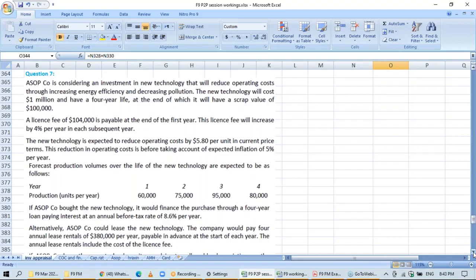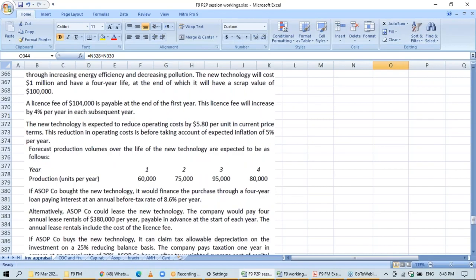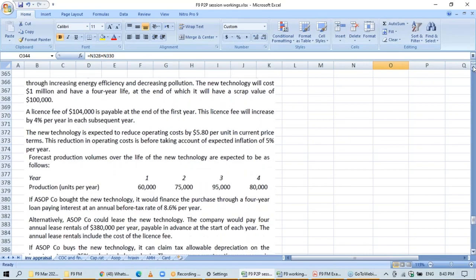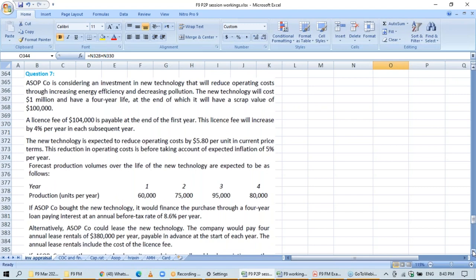So we'll be comparing the cash flows associated with the lease and the cash flows associated with the ownership of the asset in order to know which option is cheaper, whether to borrow or to lease the asset. So, okay, students, please go through this question. I will scroll the question down slowly so that you can go through it comfortably. I'll be starting in around 2 to 3 minutes to solve this question.